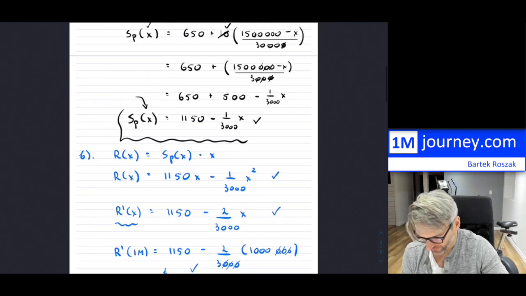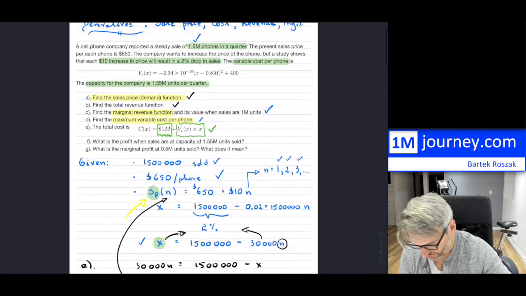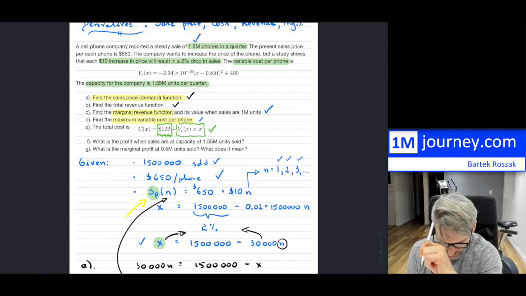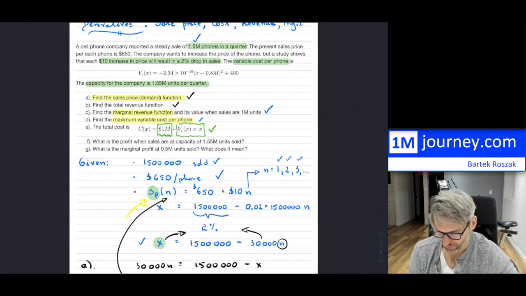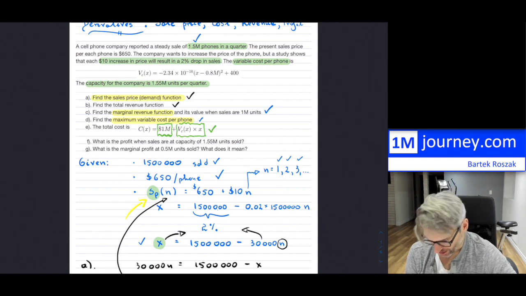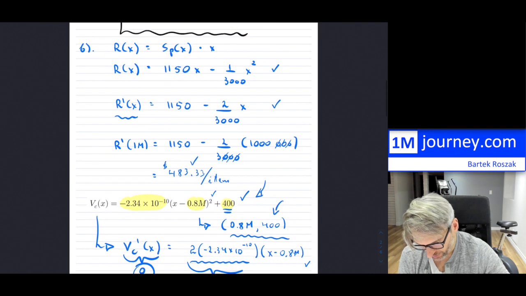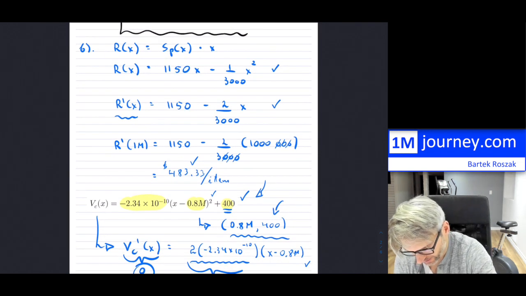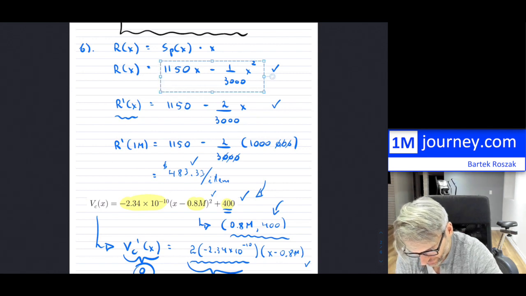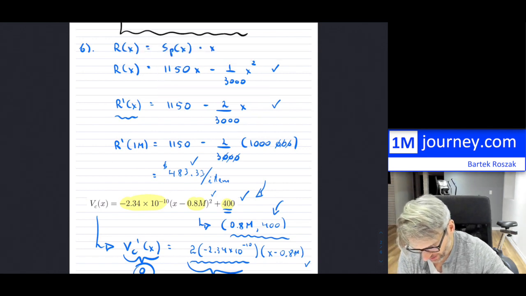Now, if I keep going, this would have been part F. What is the profit when sales are at capacity of 1.55 million units sold? Well, we know the revenue. So here's a revenue function. That's my revenue function right here. So I'm going to copy this.